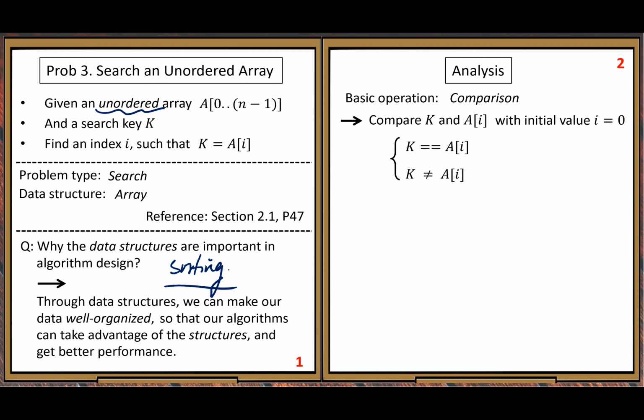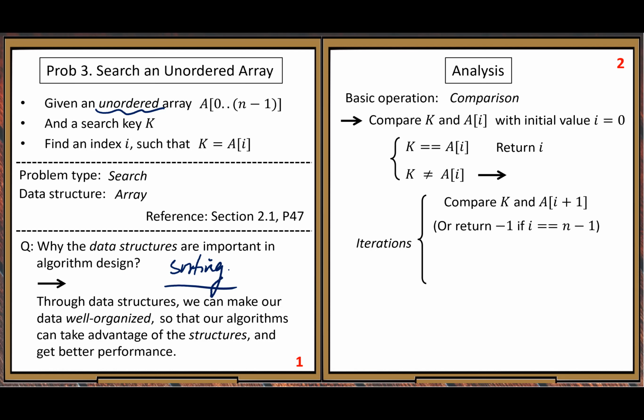But if k is not equal to a of i, then we need to move to the next iteration. Compare k and a of i plus 1, and repeat. But your program has to terminate at the end.